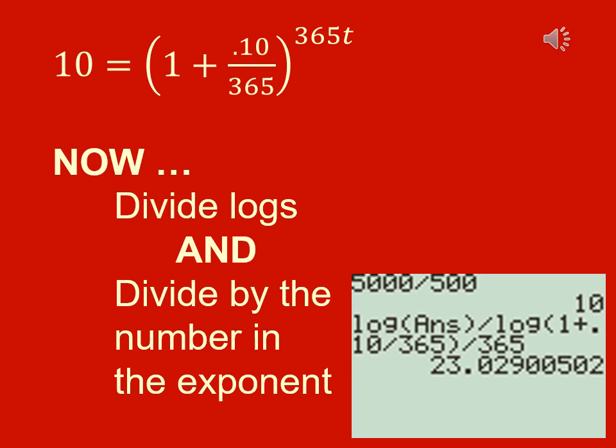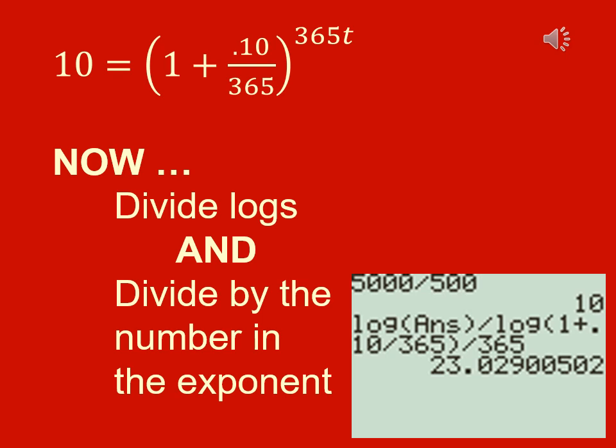We're trying to figure out an exponent, so what we have to do is divide logs. I take the log of what's already on my calculator, that 10, and then I'm going to divide by the log of what's in those parentheses. Now, since there's also a number in the exponent, after I do all of that, I have to divide by that number.